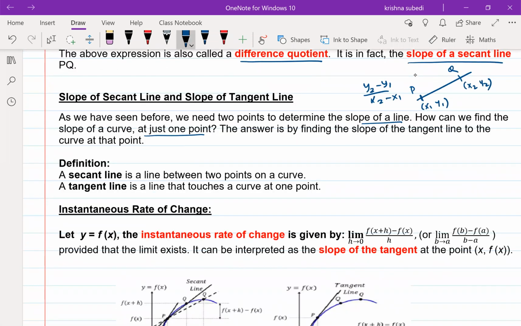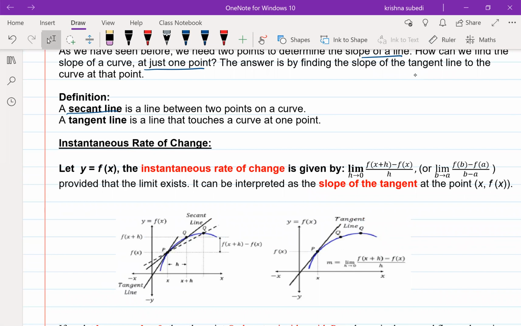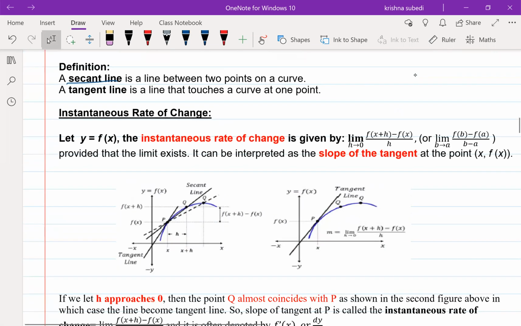So a secant line, as we have seen, is a line between 2 points on the curve. A tangent line is a line that just touches a curve at one point. As we have seen earlier, P and Q: if this point is x, then Q is here. This point is x plus h.